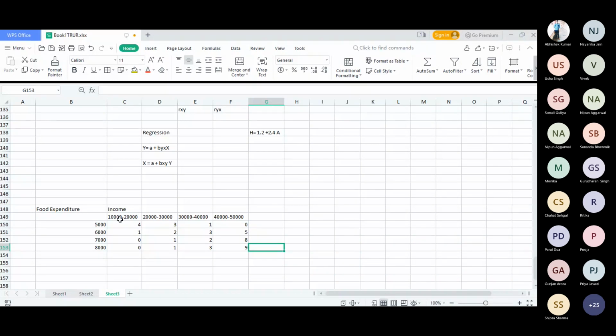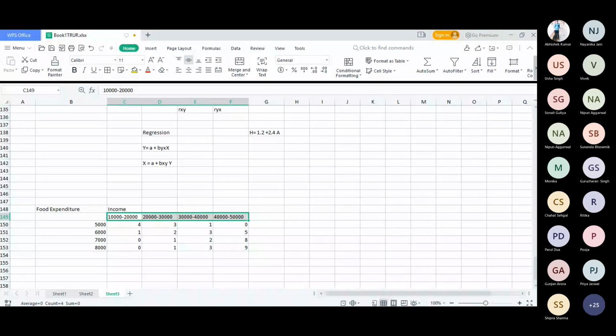So this 4310, whatever it is, is the number of families. The data is X and Y, suppose X is your income and Y is your food expenditure. And this 4310 is known as the number of families. So this is grouped discrete data, you can say. Fine.